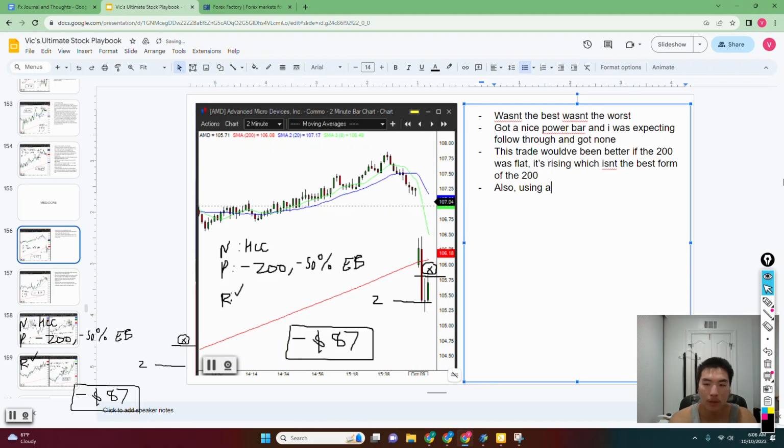Also, using an event stop in that area isn't the best idea because I have the power bar and the 200 on my side, so I should take advantage.